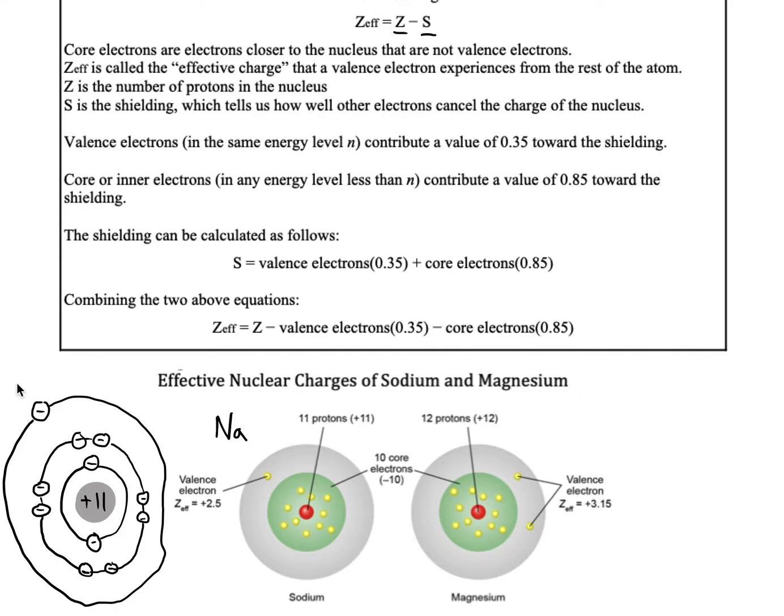Now we want to find out what net charge that valence electron experiences from the rest of the atom. A charge can't exert a force on itself, so we're really just going to consider all the stuff inside this boundary.